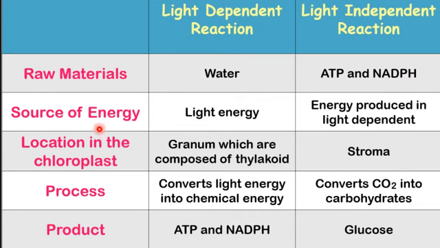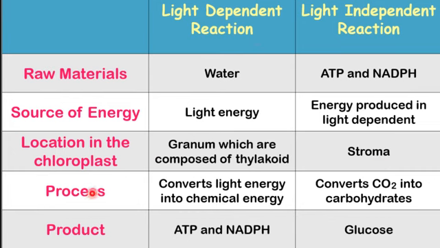The source of energy for the light-dependent reaction is the light energy coming from the sun, while the energy produced in the light-dependent reaction will be the energy source for the light-independent reaction. The light-dependent reaction takes place in the grana, which are composed of thylakoids, whereas the light-independent reaction occurs in the stroma.